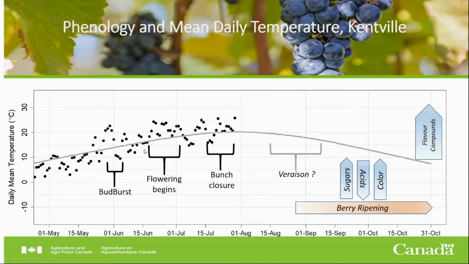But because of the heat, flowering followed very closely afterwards. And this kind of shows the span that we saw in time for flowering, with Luckett and Marquette being at the left end, and our Riesling and vinifera being on the right hand side.